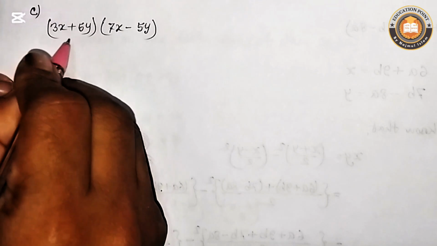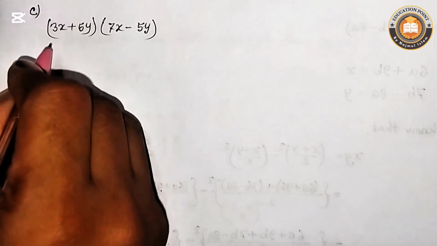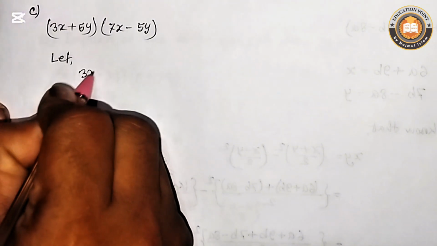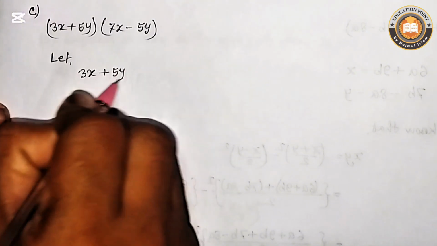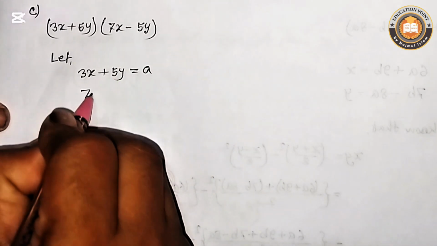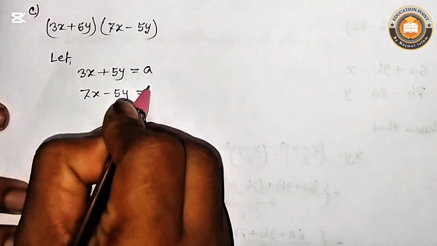Number C, (3x plus 5y) into (7x minus 5y). Let 3x plus 5y equal a and 7x minus 5y equal b.